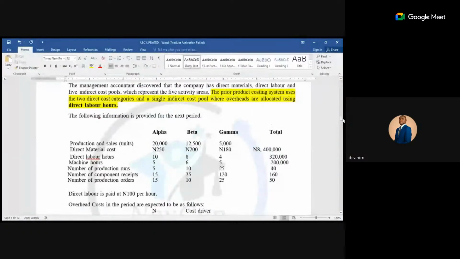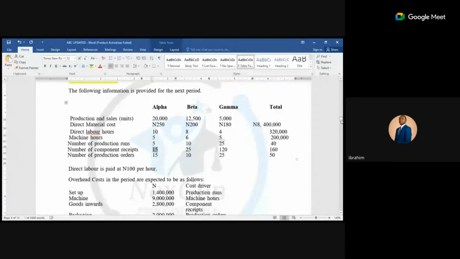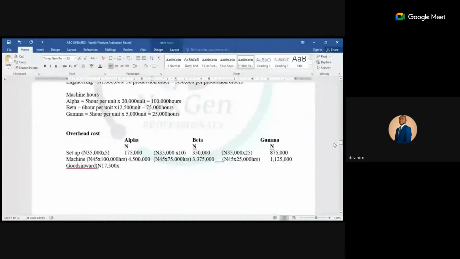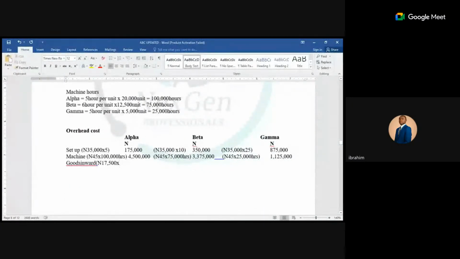Can you see, class? It is 15. It is not magical. It is from the question we are bringing in all those things. So what do we have? 262,500 naira.